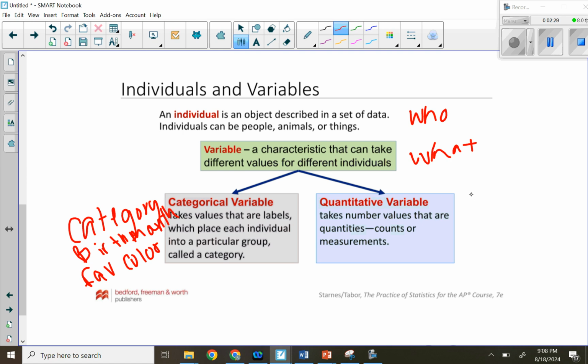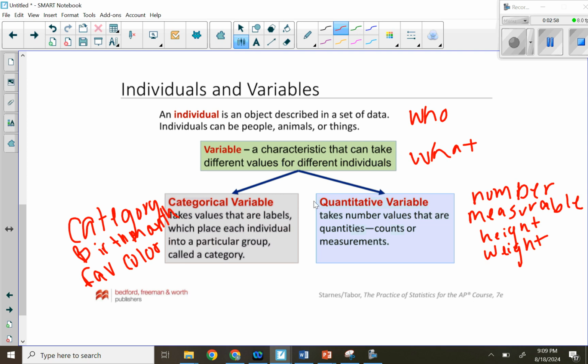A quantitative variable takes number values. So I think of quantitative as a number. It's measurable. An example of that would be height, weight, things of that nature.